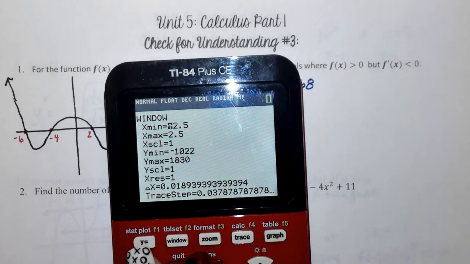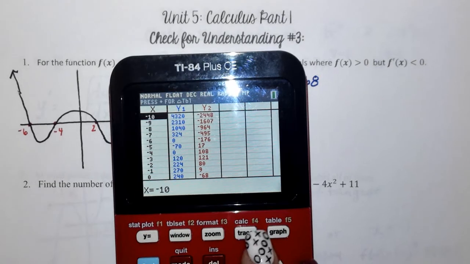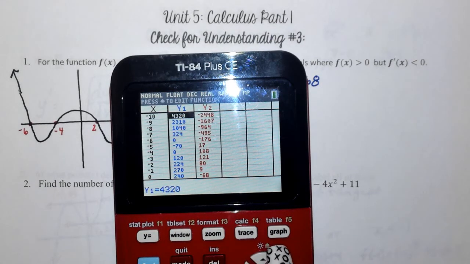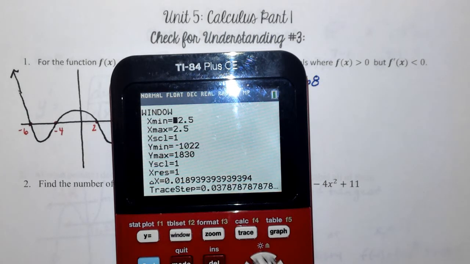Let's look at this. On the derivative, I need to go out on the y value. It looks like I need to go out about 1,000 to 200. I'm just looking at the y's to the x. The x values, I need to go out to about a positive 10.